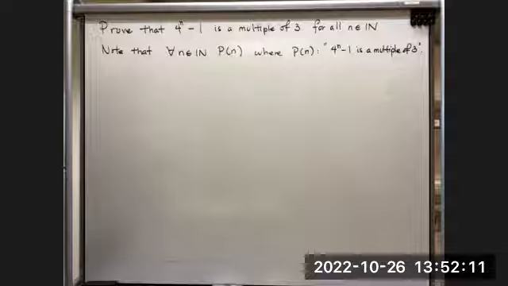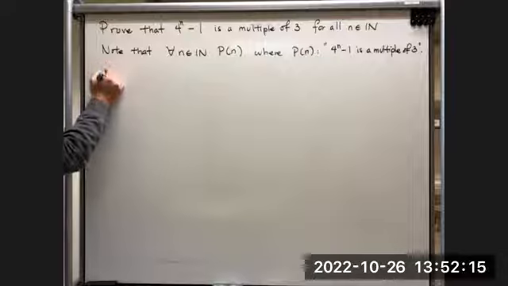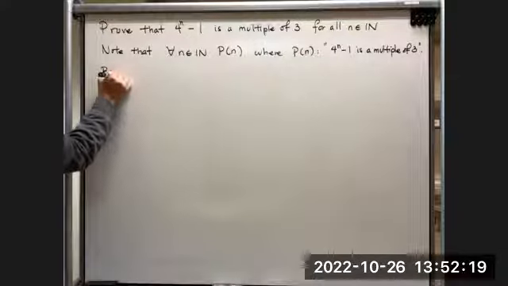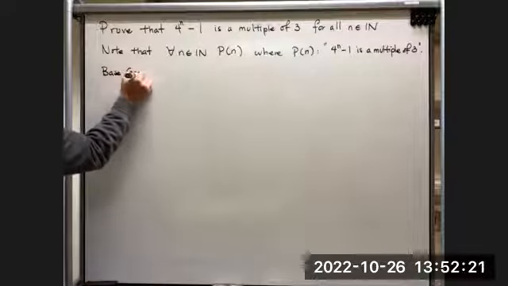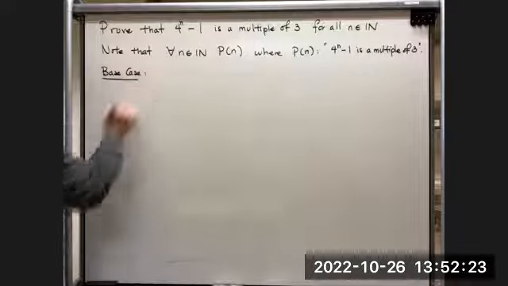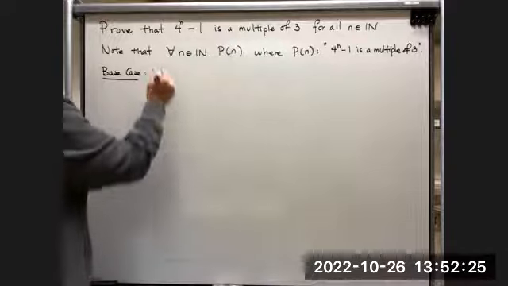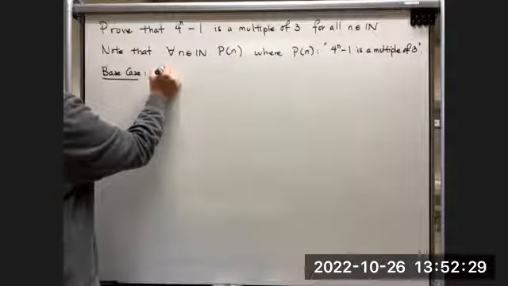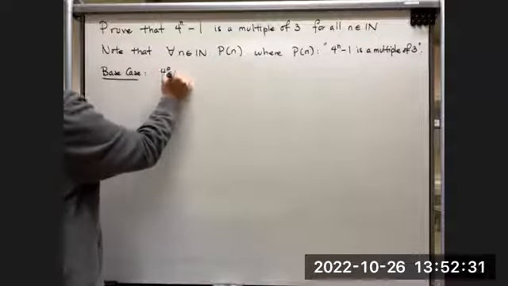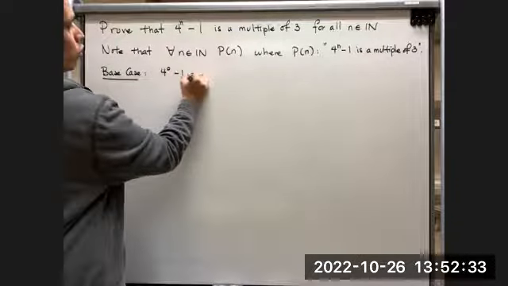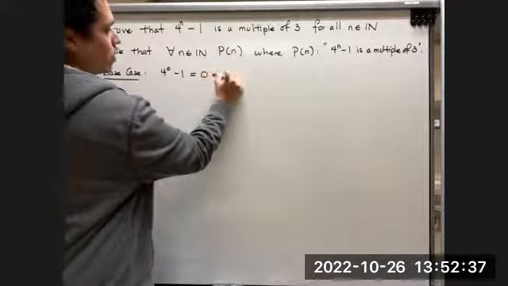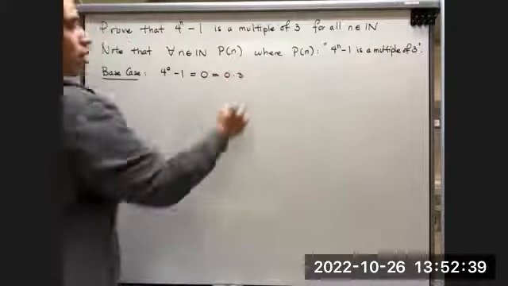So what can we do? Well, as usual, every proof by induction contains two things. First, the base case. So we want to examine the following statement. 4 to the 0 minus 1, of course, is equal to 0, which we may rewrite as 0 times 3.